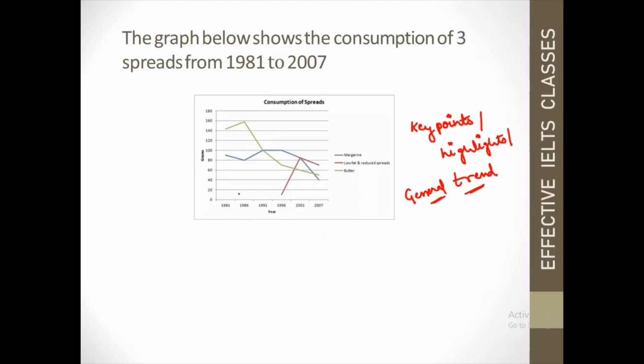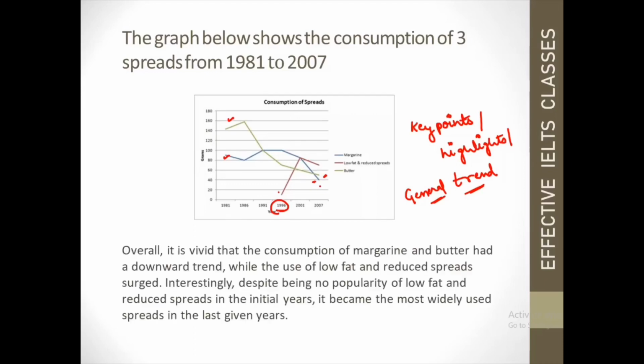Now we have seen that the low fat and reduced spreads were introduced in 1996, so it will be one of our overall points. And if we talk about our other point, butter and margarine decreased over the given period of time. Now let's check our overall.